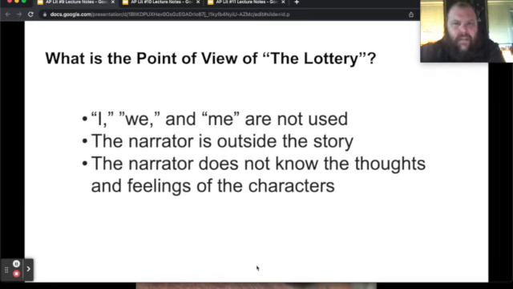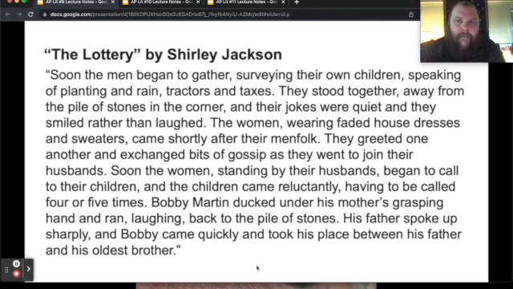Okay. So if we go back into the text for a moment, this narrator is not saying, "I saw the men gather. We called our children and they were reluctant to come," etc. That would be first person, right?